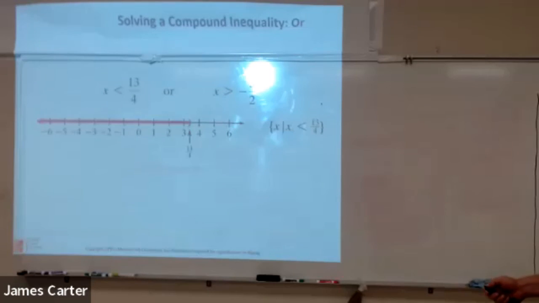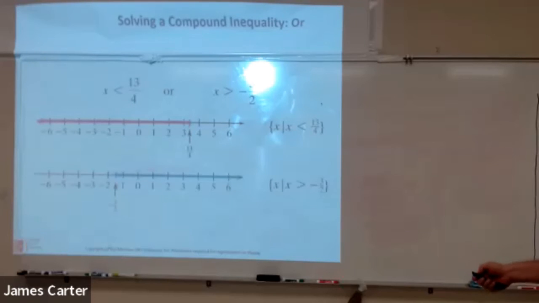So here's the graph of 13/4 is greater than x. So it's all the numbers that direction. And I intentionally said that backwards. Okay, and here is the statement for -3/2 is less than x.